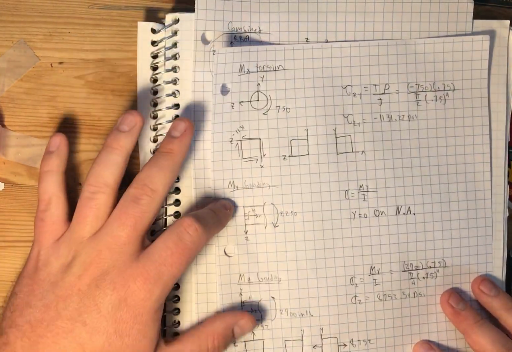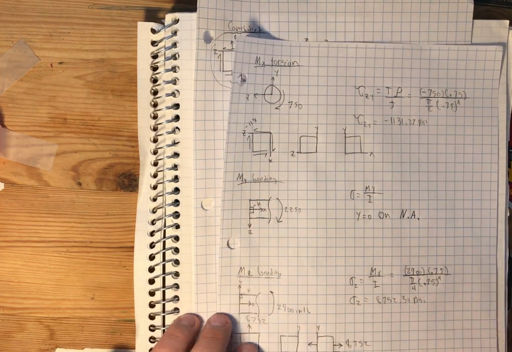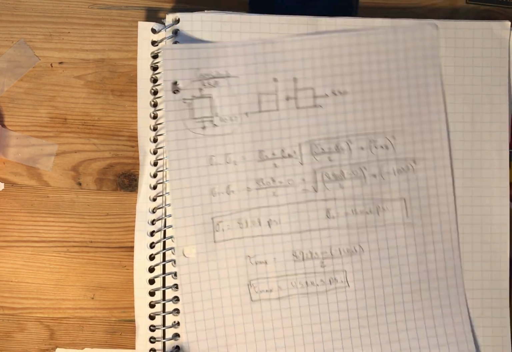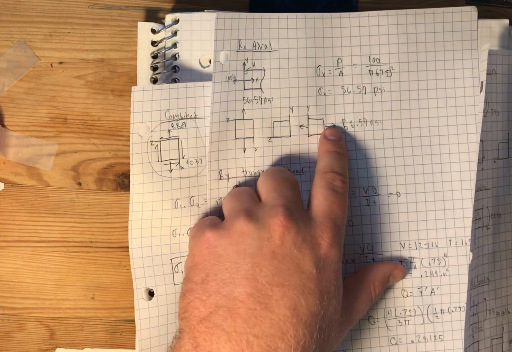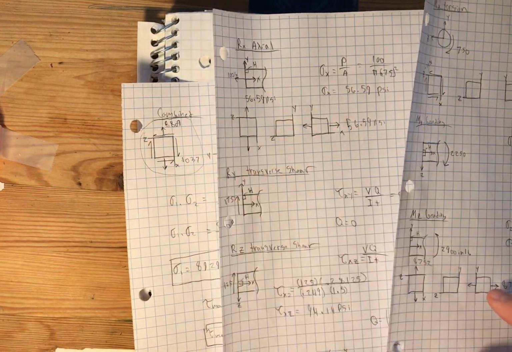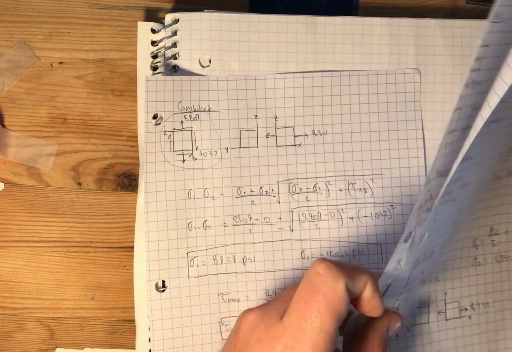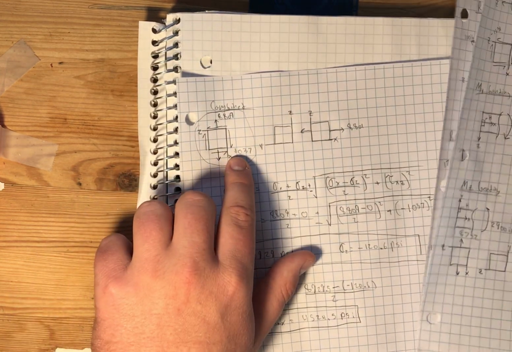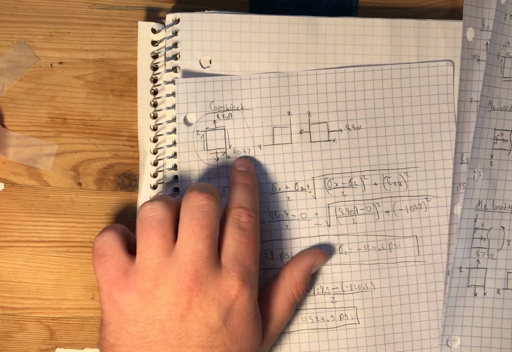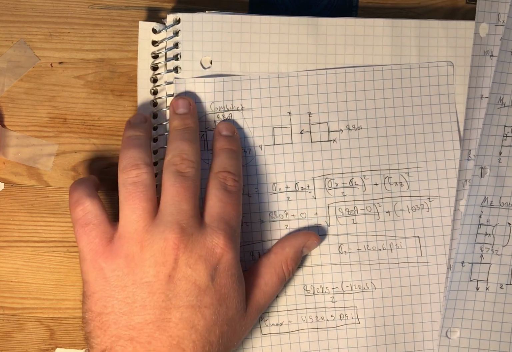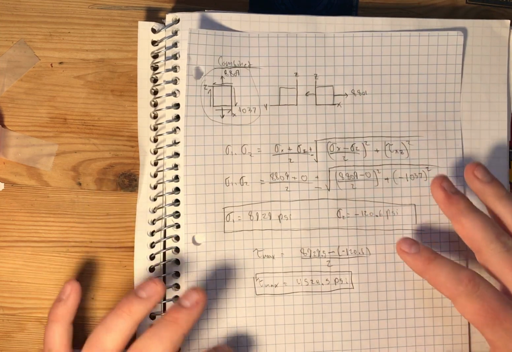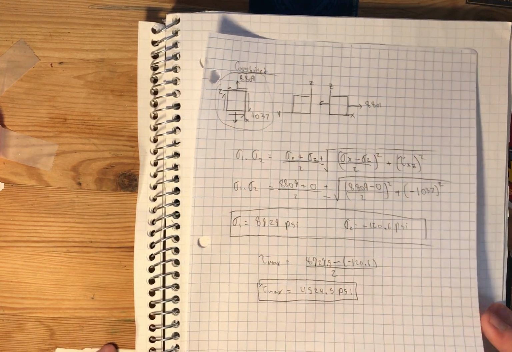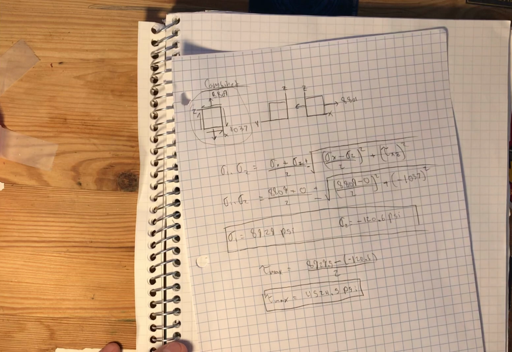Then our moment X, moment Y, moment Z. Then we added these together, and then we added our transverse shears together, which gave us 1,037, and then 8,809. Then we just solved for sigma 1, sigma 2, found tau max, and that's it.